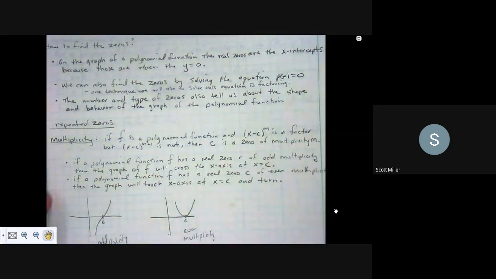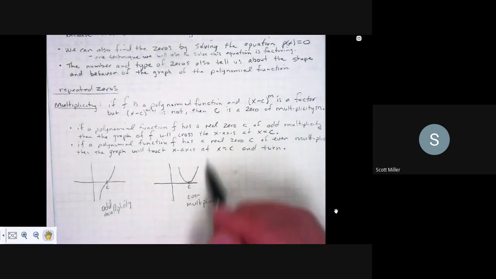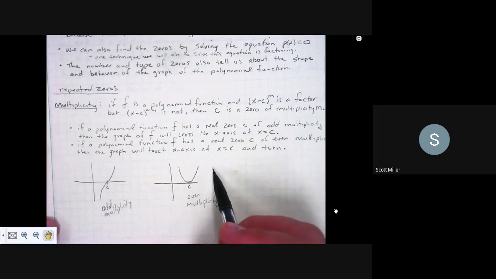If it repeats an even number of times, the graph will come down and touch the curve and turn, like so. If it repeats 2, 4, 6, or 8 times, the graph will come down and touch the curve, either from the top or from the bottom, and turn.